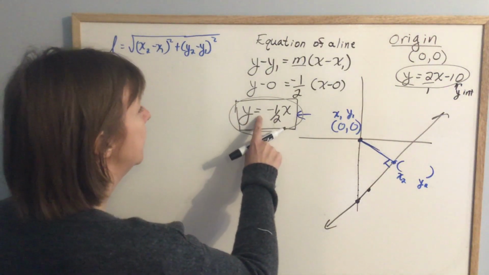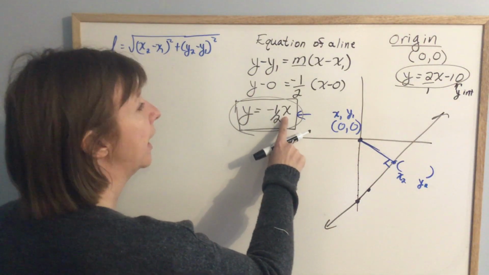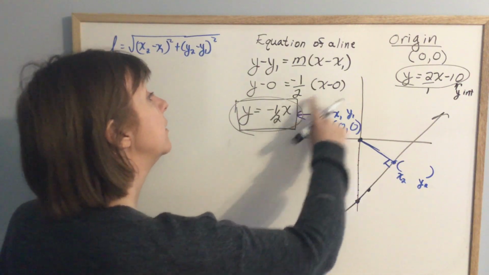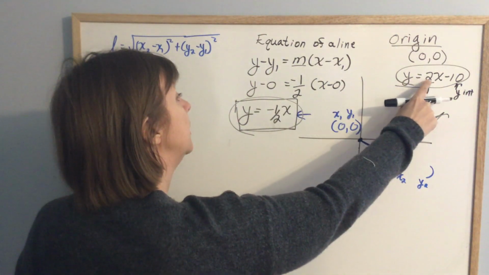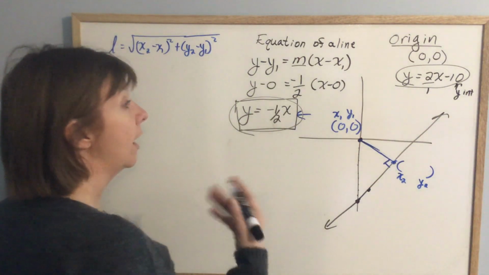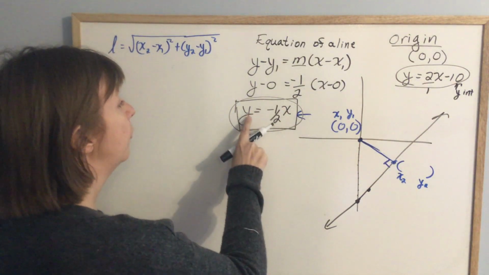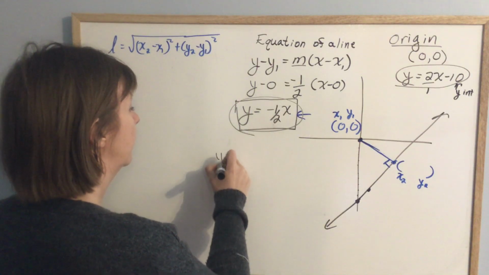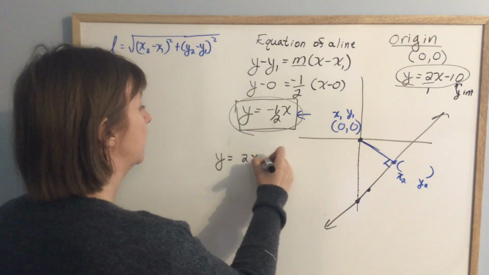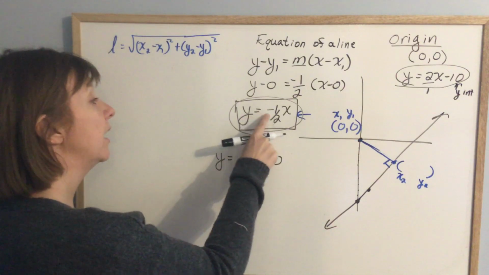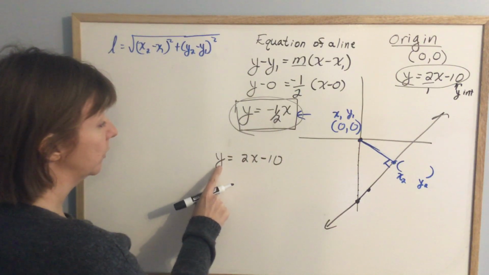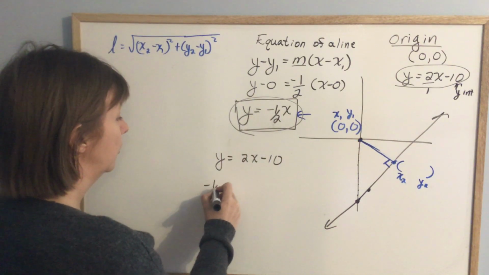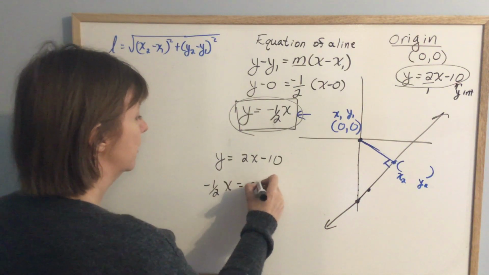If y is equal to negative 1/2 x and y is also equal to 2x minus 10, I'm going to do substitution. I'm going to replace this y with negative 1/2 x.